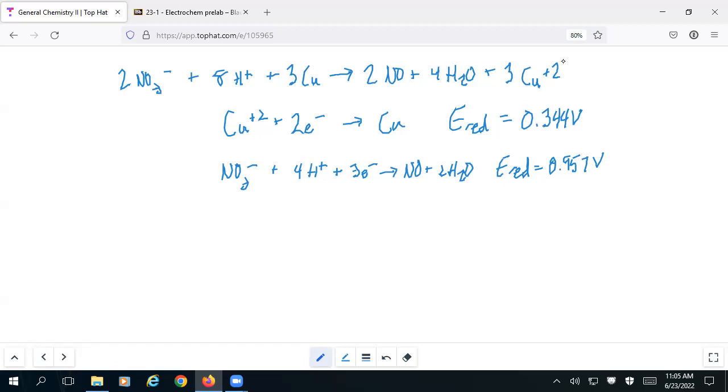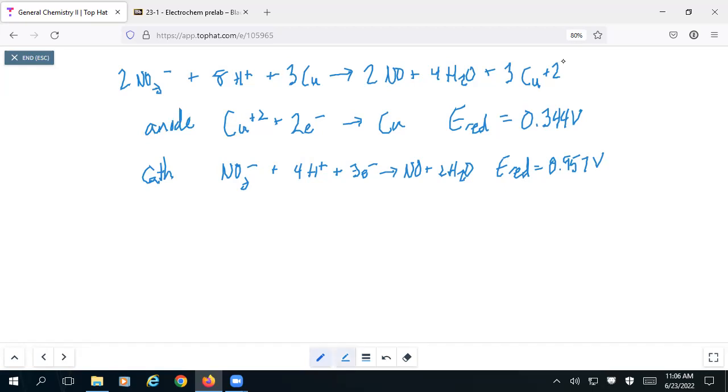So right away, you should be able to look at this and say, okay, it doesn't match in value, but it does match in kind with the equation. So this must be our cathode, which means that this would be our anode.